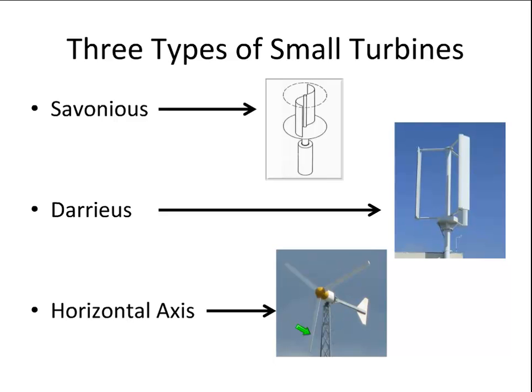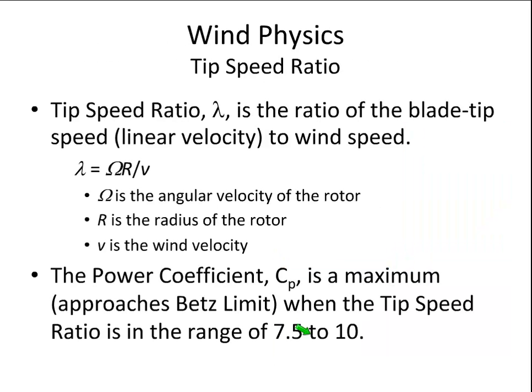And again, you're seeing that tip speed ratio of 4 to 6. As you get to a tip speed ratio of 7.5 to 10, your efficiency begins to approach the Betz limit.